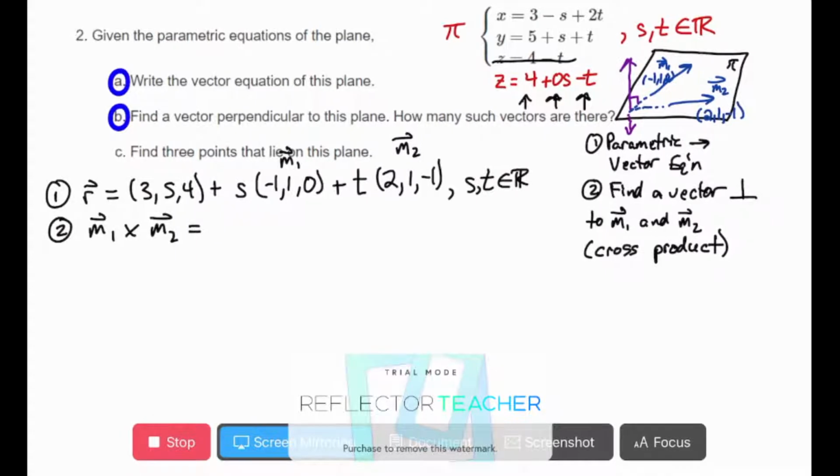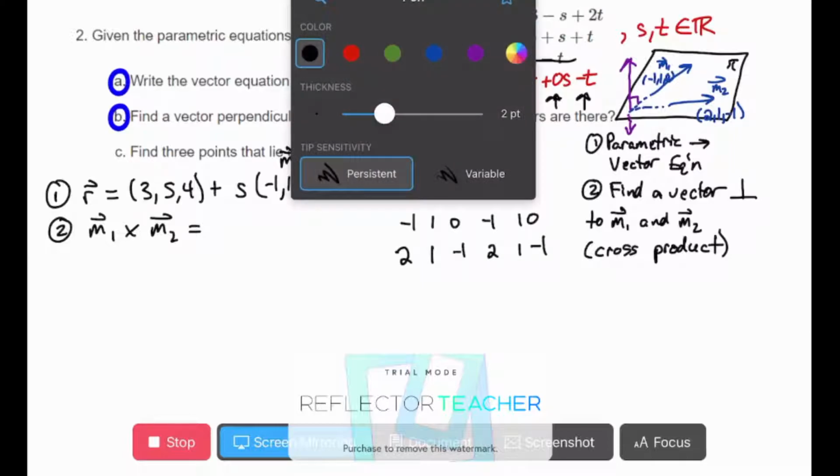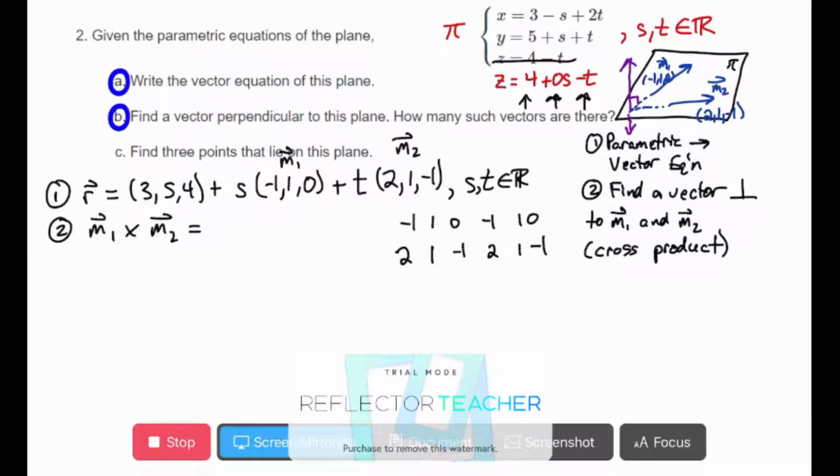So I'm going to write out my points: -1, 1, 0, -1, 1, 0. And the points for my direction vector m2: 2, 1, -1, 2, 1, -1. So write out our points twice and then chop, chop. Goodbye. Oops. And then crisscross. So let's work through those values together.